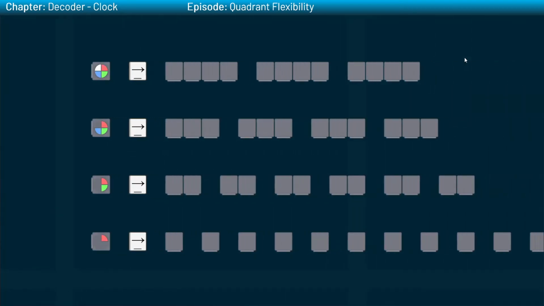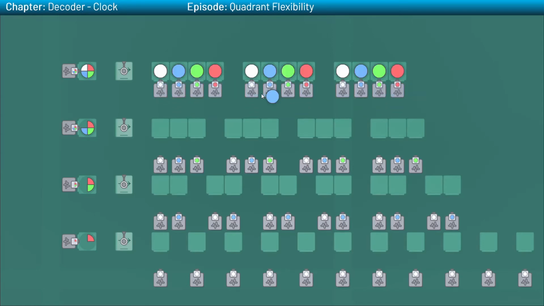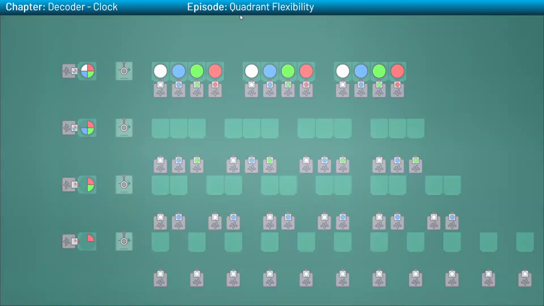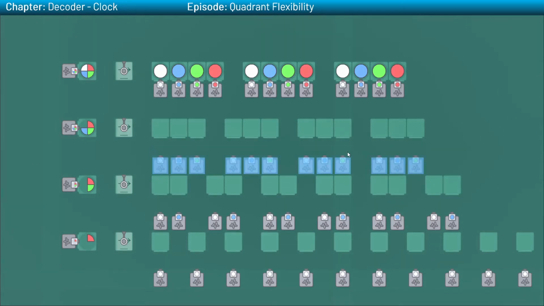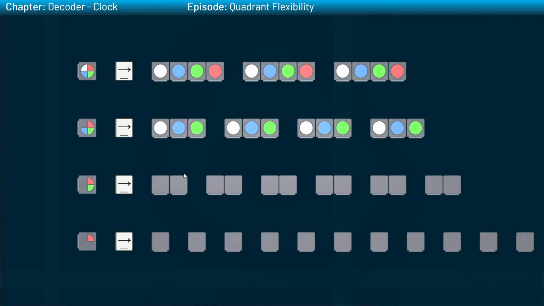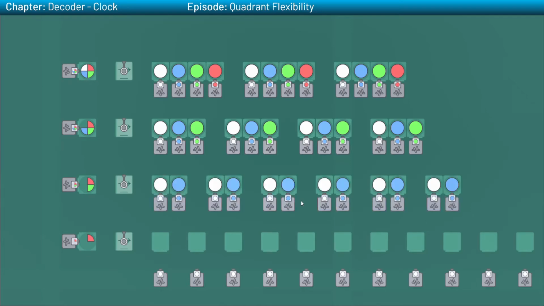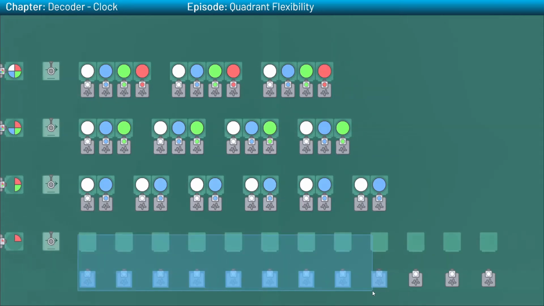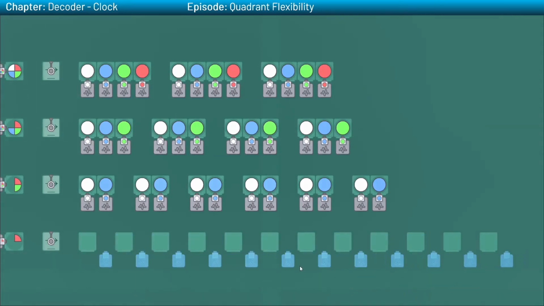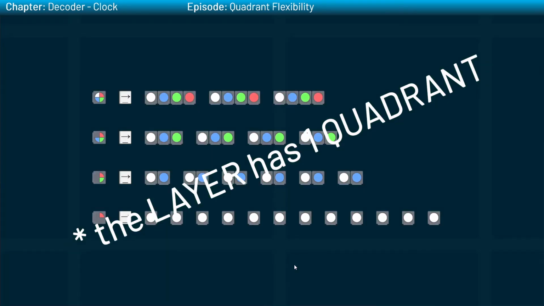That way, I could load the values as follows: 3 sets of 4 values if the layer has 4 quadrants, like so, 4 sets of 3 values if the layer has 3 quadrants, or 6 sets of 2 values if the layer has 2 quadrants, and finally 12 sets of 1 and the same value if the layer has 1 quadrant.